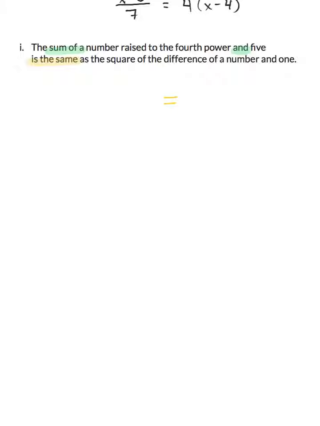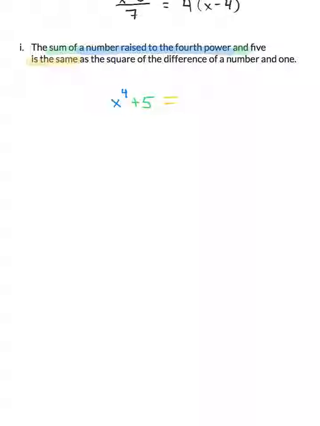So what we have here is we do have something plus 5. Now the something plus 5, we have a number raised to the 4th power. So raised to the 4th power, remember, is an exponent. So we get x with an exponent of 4. That takes care of the left side.